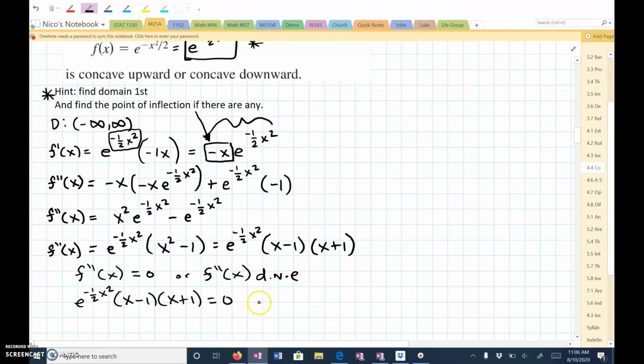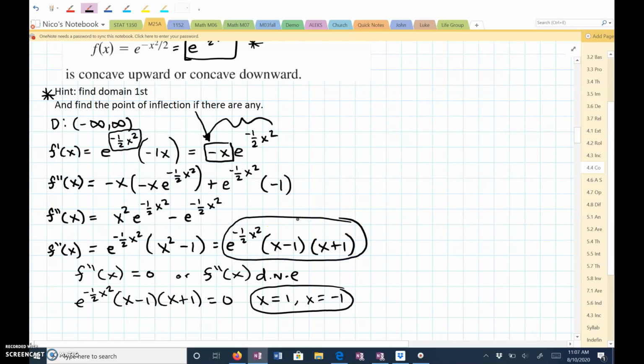So here, hopefully you can see that x would equal 1 or x could equal negative 1. If I tried to figure out x values where this would be undefined, there are no x values that would make the second derivative undefined. So these are my possible points of inflection.